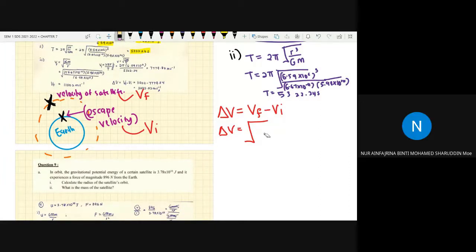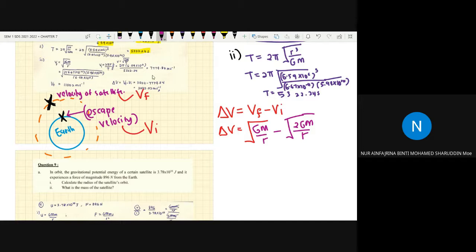Square root GM over r. Okay, correct. Square root GM over r. Initial what? 2GM over r. Okay, now you just put all the information into the formula.